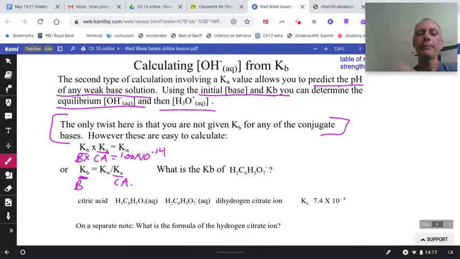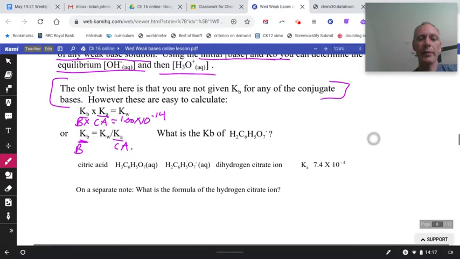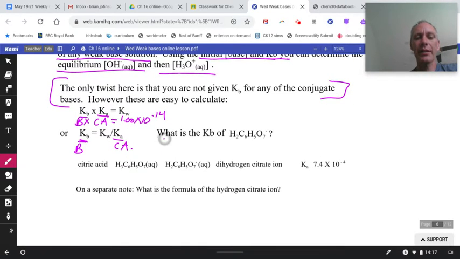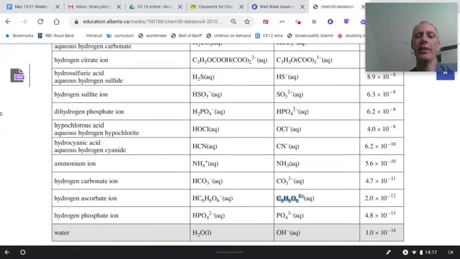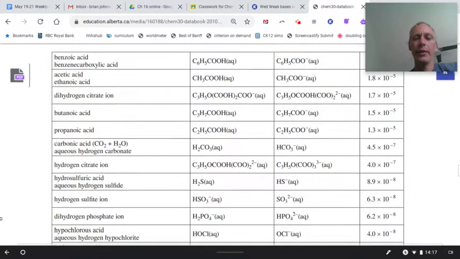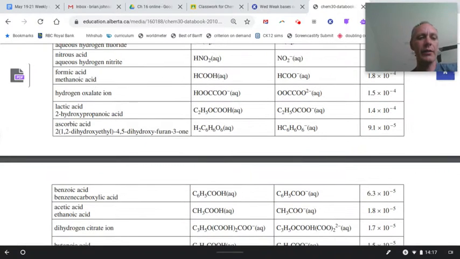Okay, so the example that they give here is, what is the Kb of the dihydrogen citrate ion? So if you look in the data book, we have the acid, and we have the conjugate base, and we have the Ka of the acid. In your data book, it's right here, citric acid.